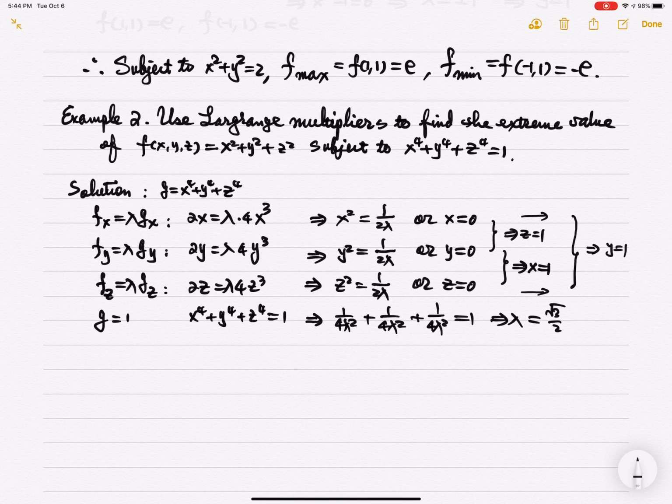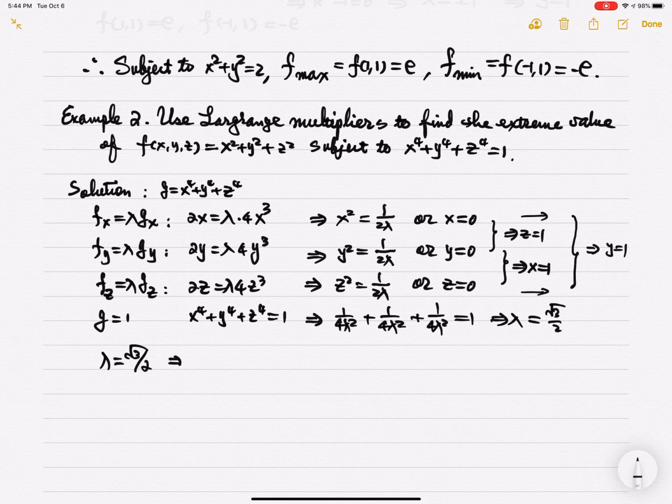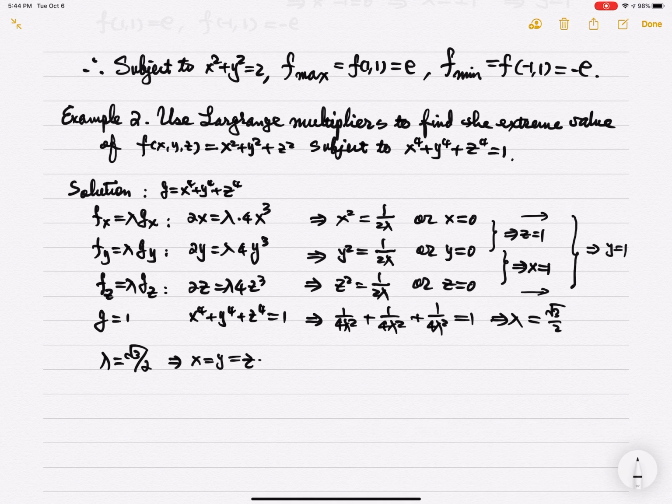So when lambda equal to root 3 over 2, this implies x equal to y equal to z equal to positive or negative 1 over root 3. That's easy to verify.